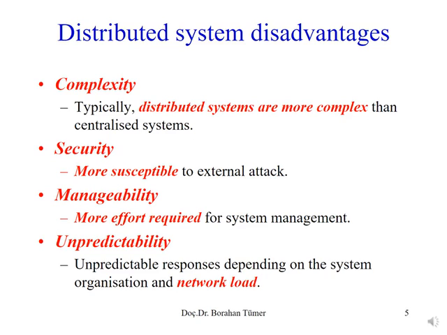About the manageability, more effort is required for system management for distributed systems because there may be different types of processors that run on the same system, and there may be different versions of an operating system at different processors.